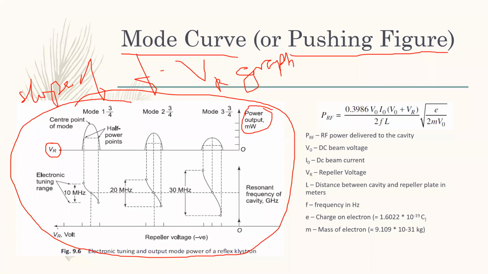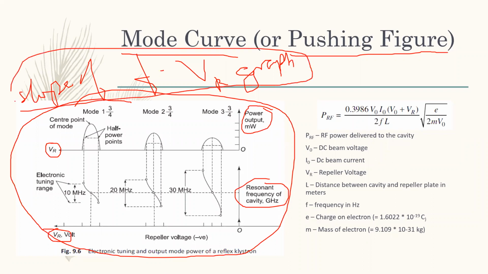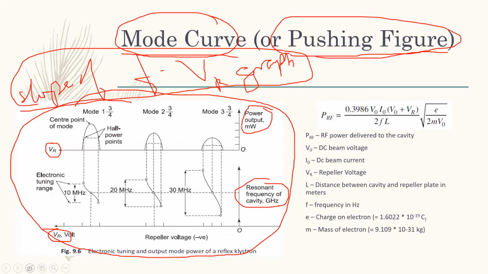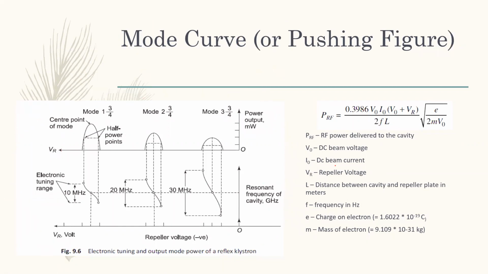So we have the repeller voltage over here and the frequency over here. If I'm able to obtain this slope and plot it, we then term it as the pushing curve or the mode curve. So here you are trying to see what is the output power and what is the frequency which can be generated.